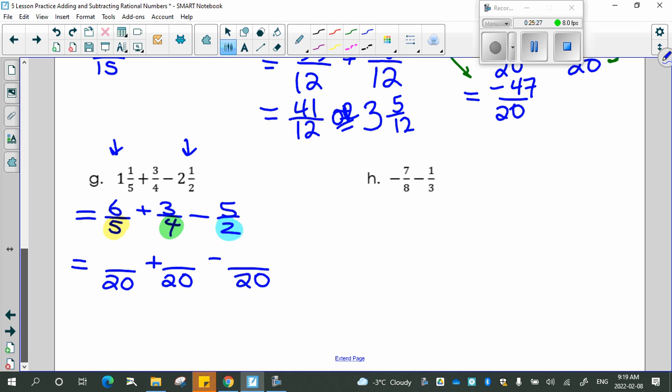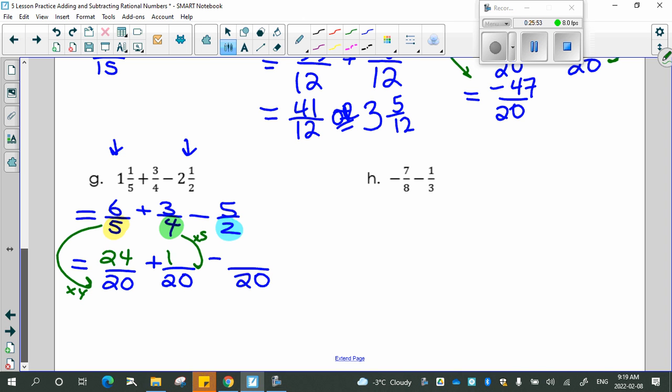All right, so the denominator changed in all of them. So the numerators have to change in all of them, okay? Remember the dividing trick will always tell you whether you adjusted them properly. So I had to multiply 5 by 4. So 6 times 4 is 24. I had to multiply 4 by 5.